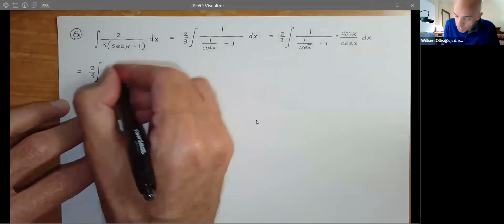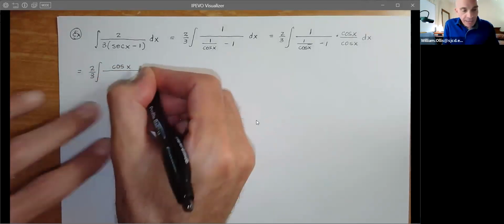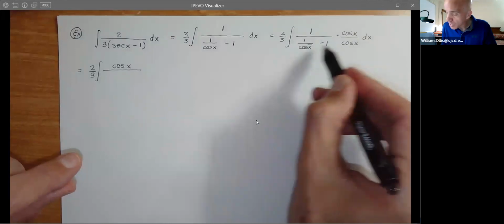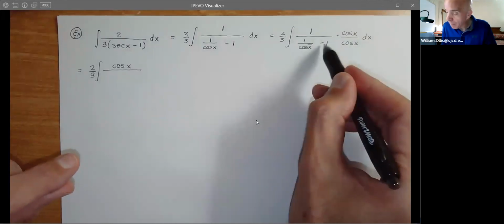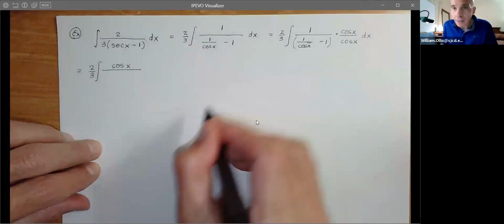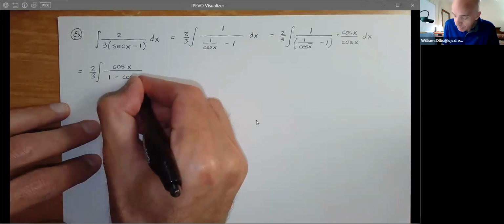So now we have cosine x in the numerator. And then when you look at this, the cosines absorb, so we get 1 minus cosine. So think about this just distributing the cosine. So this gives us 1 minus cosine x dx.